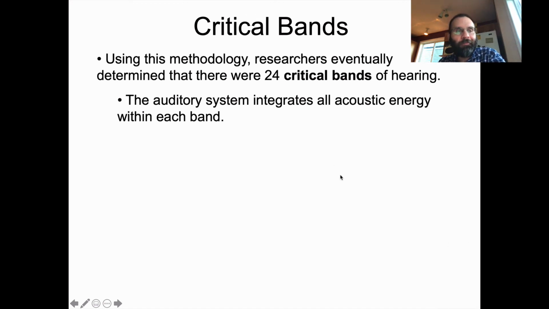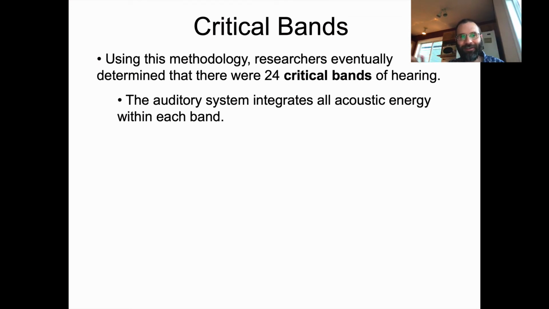And the theory is that the auditory system basically integrates all acoustic energy within each band. So this is sort of like saying that there might be different things going on within a specific range of frequencies in a sound from like 1000 to 2000 hertz, but your mind just kind of gloms it all together.